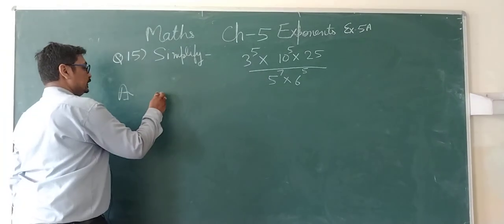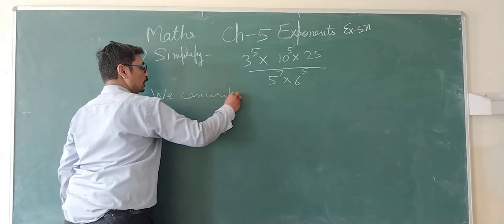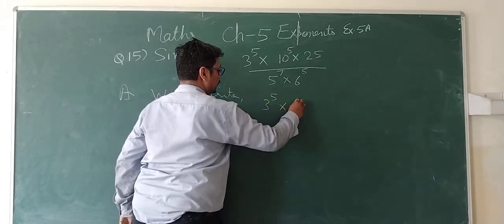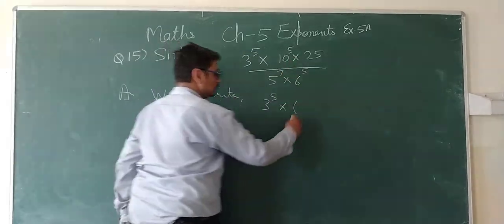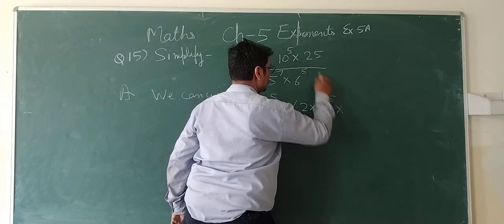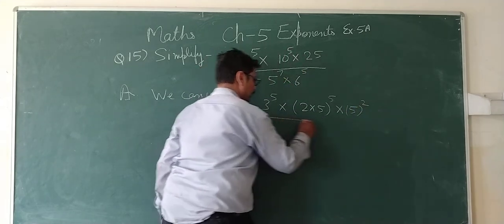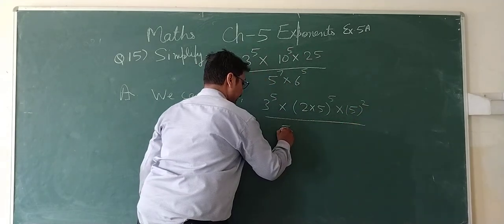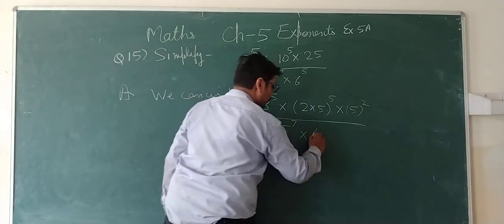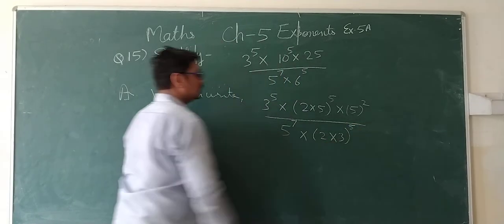We can write it as 3^5 multiplied by the factors of 10, which is (2×5)^5, and 25 can be written as 5^2, divided by 5^7, and 6 can be written as the factors (2×3)^5.